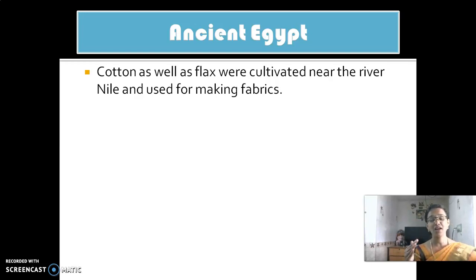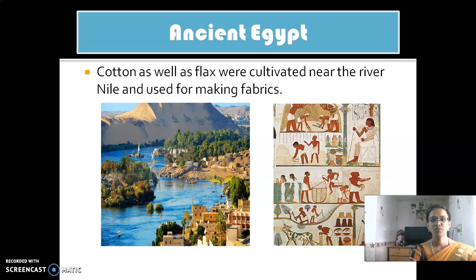In India it is near the river Ganga and in Egypt it is near the river Nile. Okay. So these are some of the types of dresses which the people in Egypt used in the olden days.